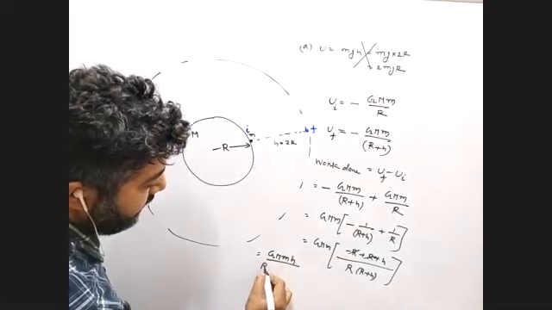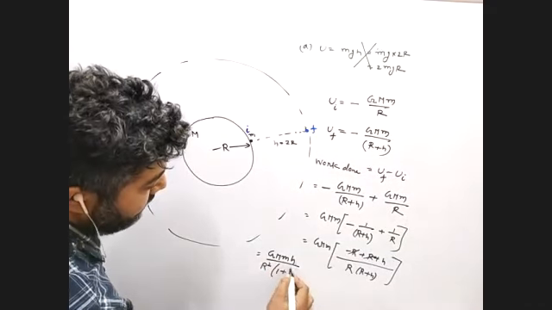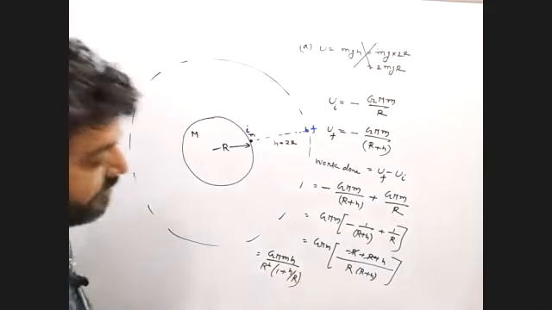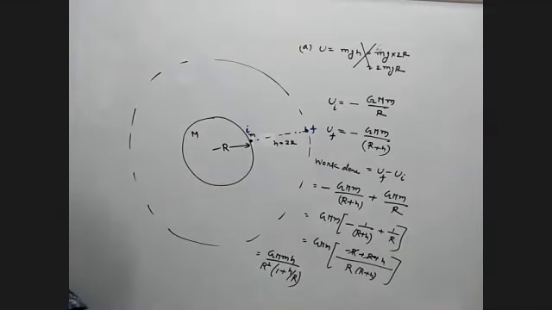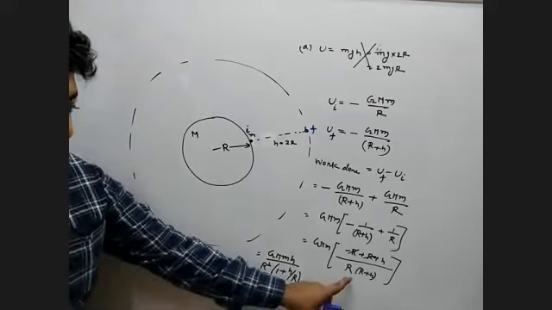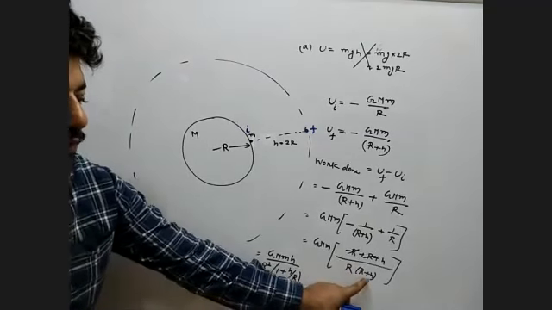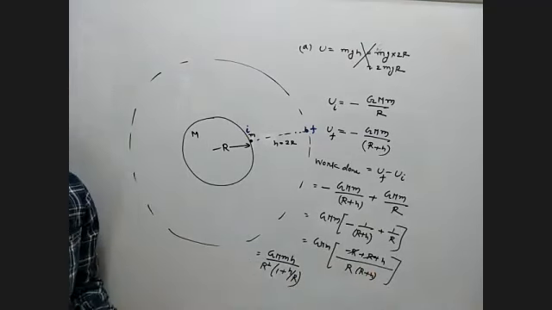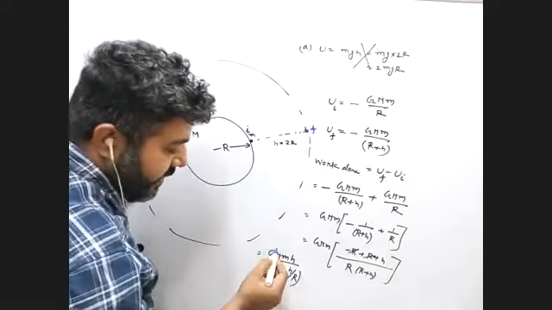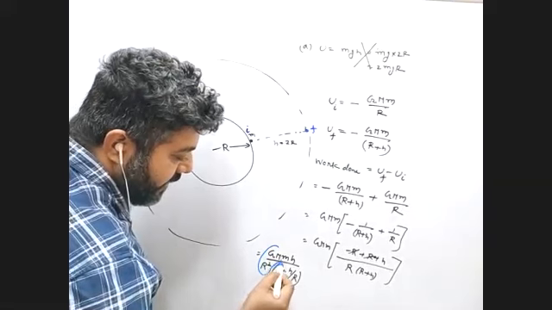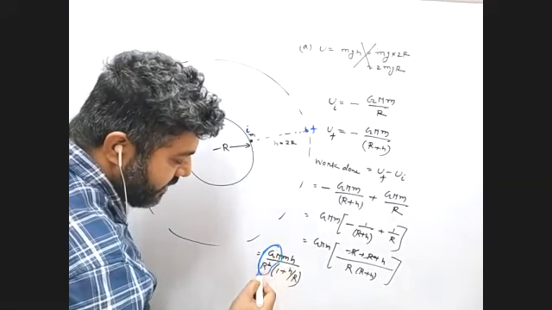If you take r square common, 1 plus h by r. Is it okay? Everyone, can we write this? Yes, sir. See, one r is there, one r I took common, so 1 plus h by r. Is it okay, everyone? You all see this? Yes, sir. And now see, if we look at that part properly, can anyone tell me what is the value of that part?